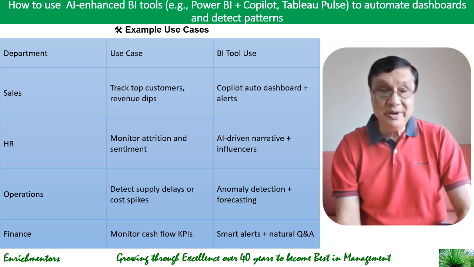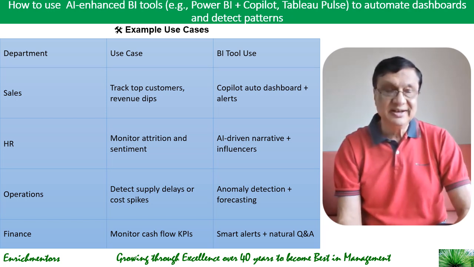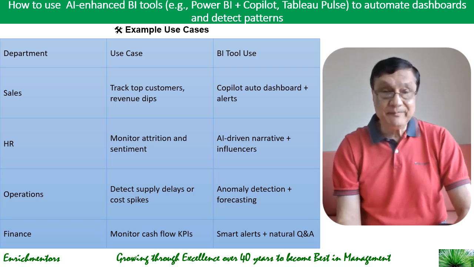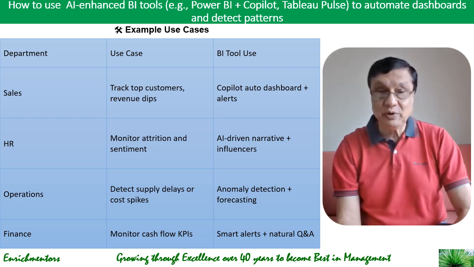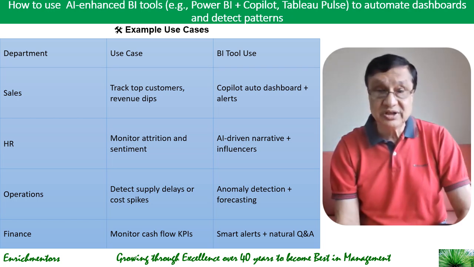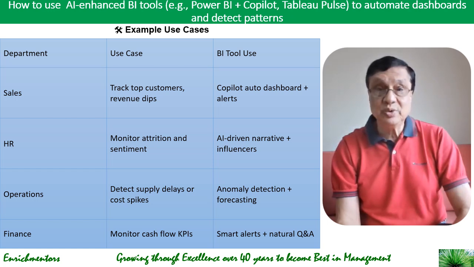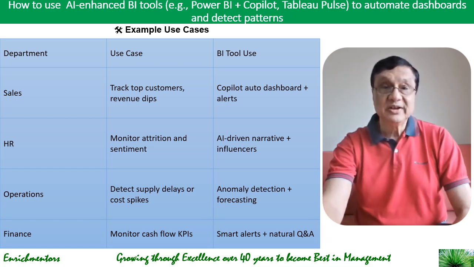In operations, you may be interested in detecting supplier delays or cost spikes, and there your tools could be anomaly detection plus forecasting. And then for the finance area, you could be interested in monitoring cash flow KPIs, and for that you could use smart alerts plus natural language Q&A as the BI tool. So these are some example use cases for you.